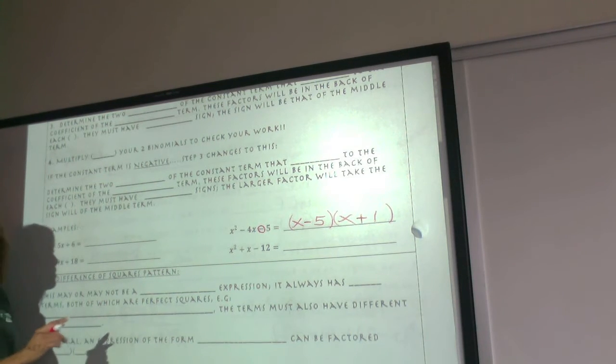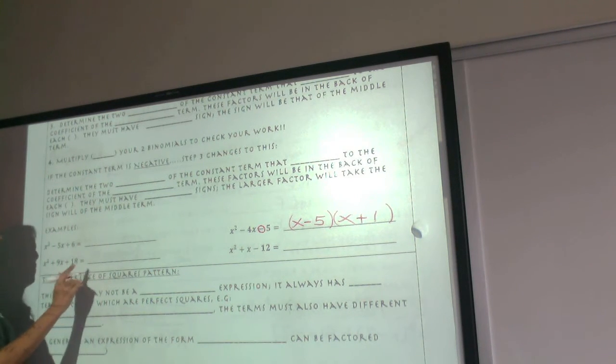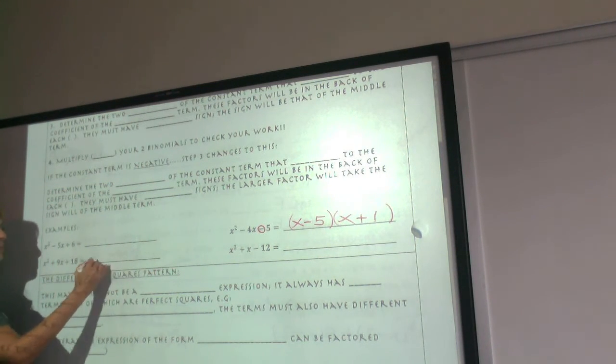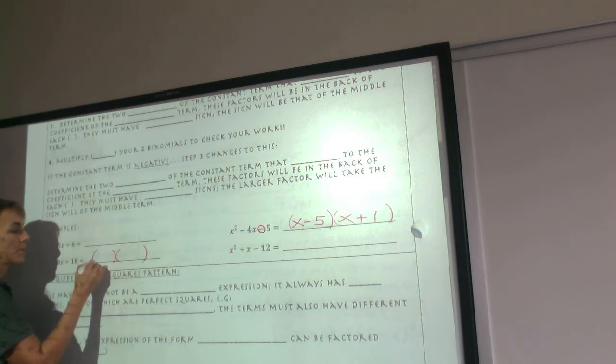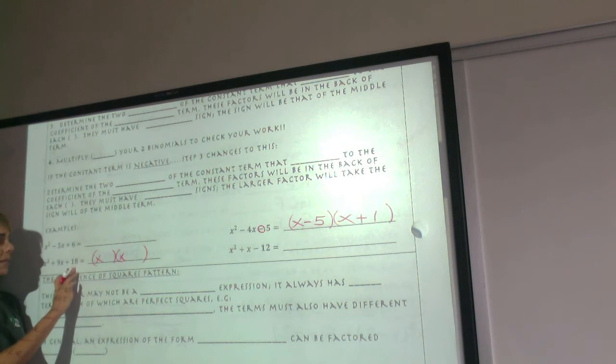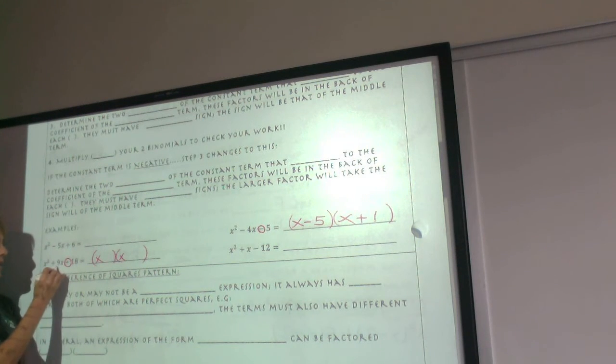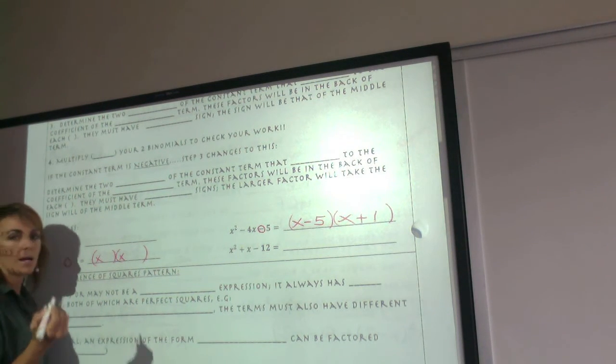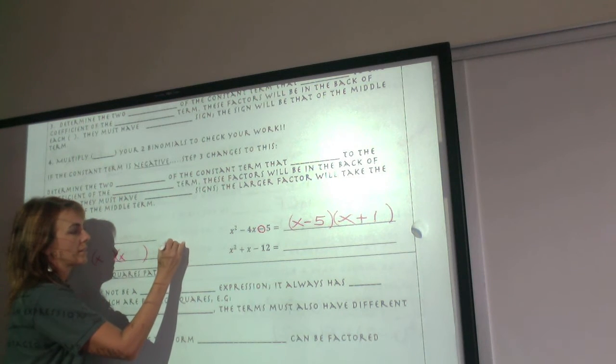Let's come over to this one. All right, so I've got x squared plus 9x plus 18. Open up your two sets of parentheses, x in both. All right, and now we're going to look at the 18, thinking about factors of 18 that add to make 9. Okay, if I'm not positive, I might think of listing the factors of 18.